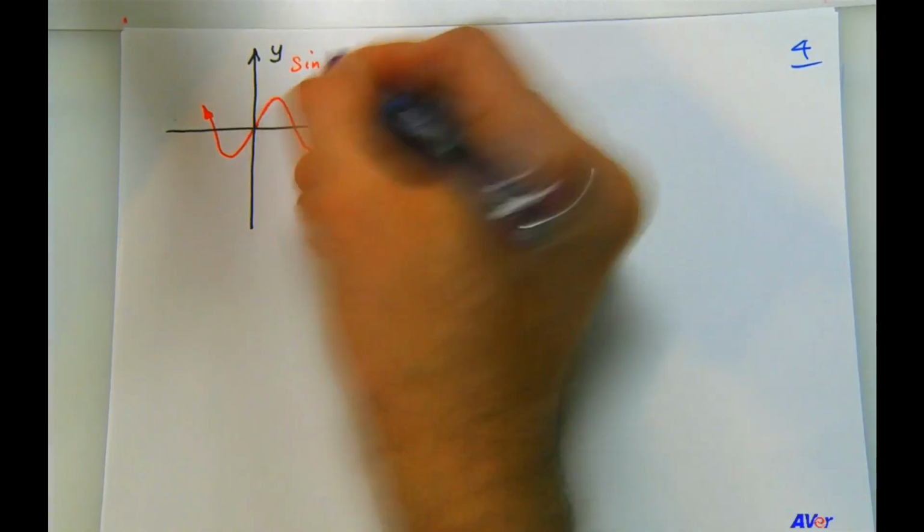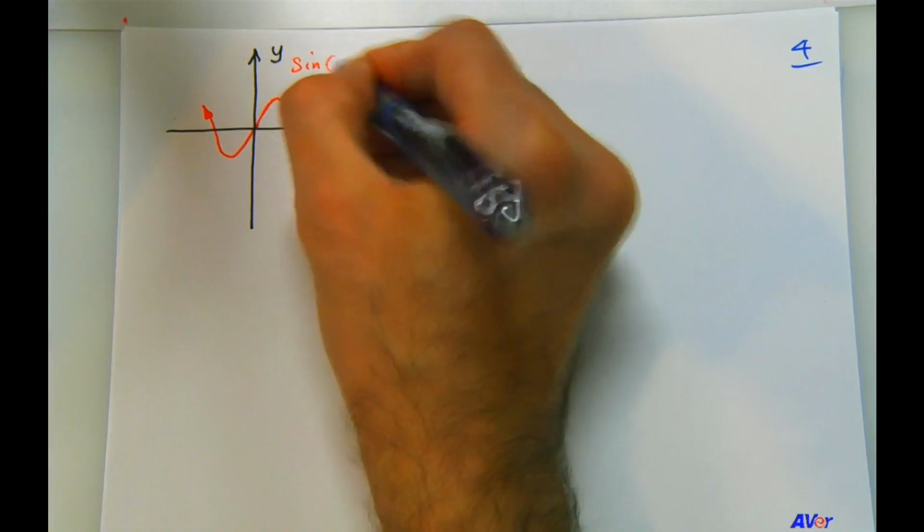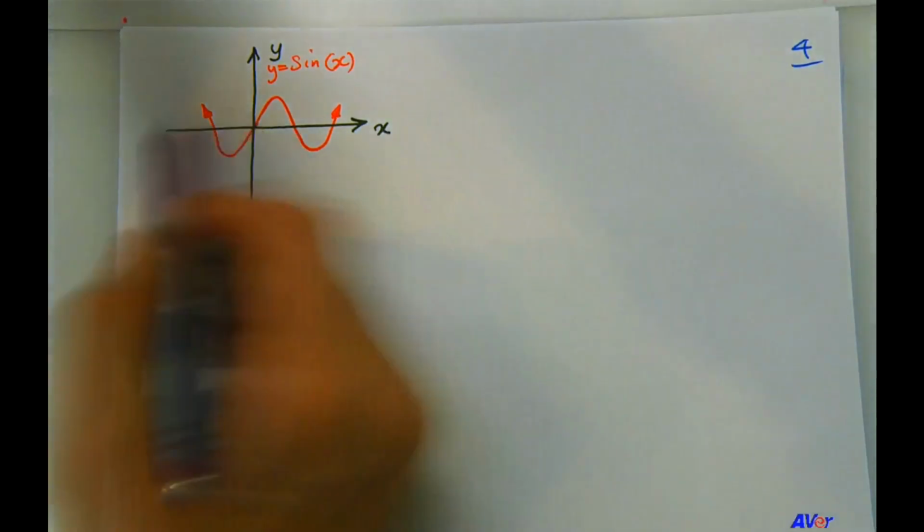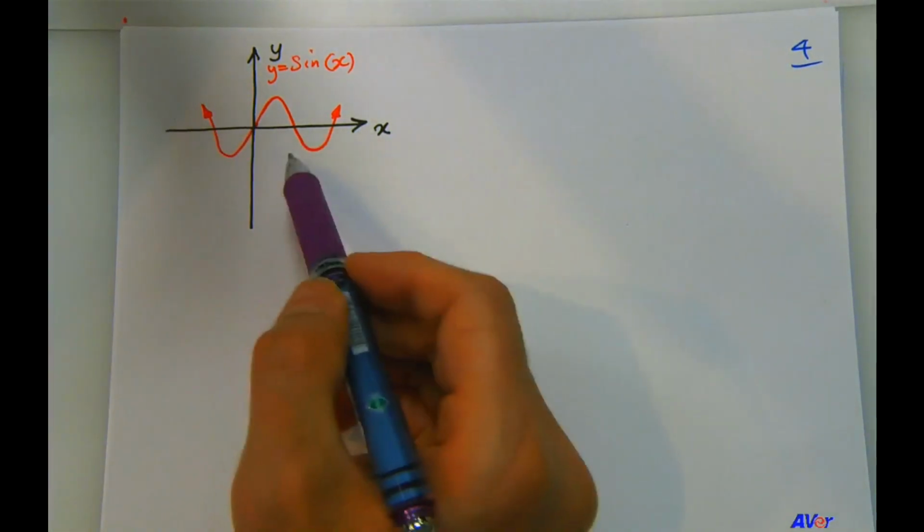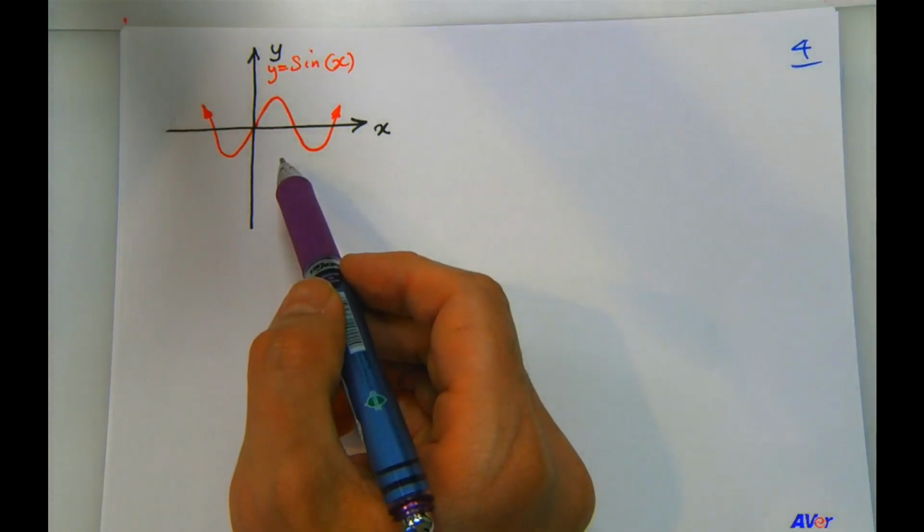Right. So this is the sine function, y equals sine of x. Okay, for sure, this will fail the horizontal line test, right? For sure.